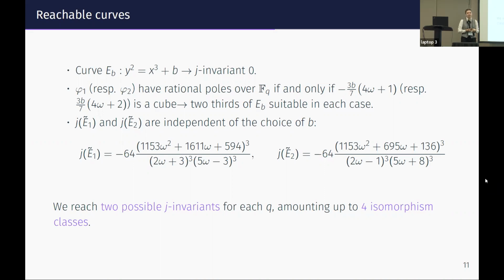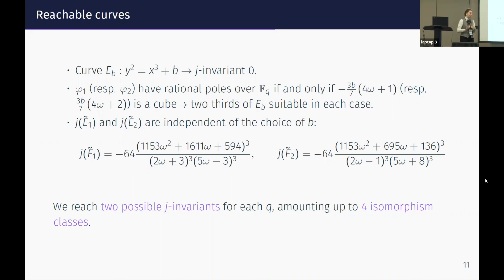So this leaves us with 2/3 of the possible choices for the coefficient b that are suitable for what we want to do. And finally, if you compute the j-invariant of the two final curves tilde E1 and tilde E2, you see that we have the two following formulas that are completely independent of the coefficient b.